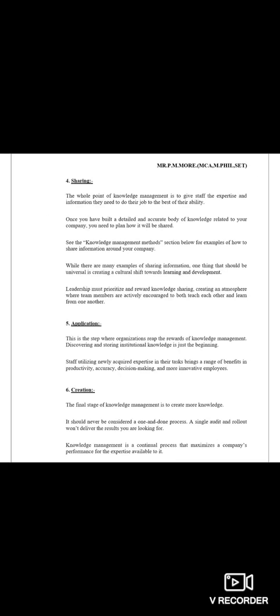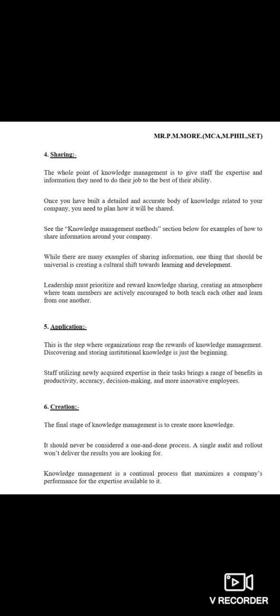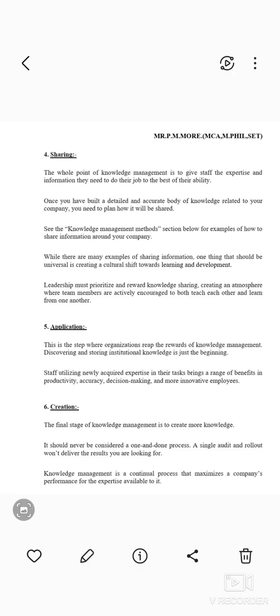The next step is sharing. The whole point of knowledge management is to give staff the expertise and information they need to do their job to the best of their ability. Once you have built a detailed and accurate body of knowledge related to your company, you need to plan how it will be shared. See the knowledge management methods section below for examples of how to share information around your company.